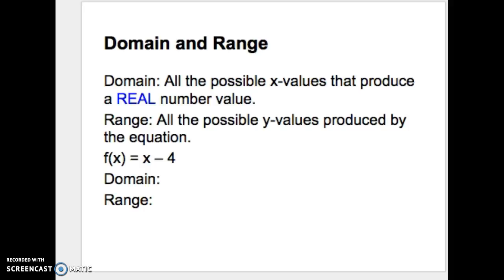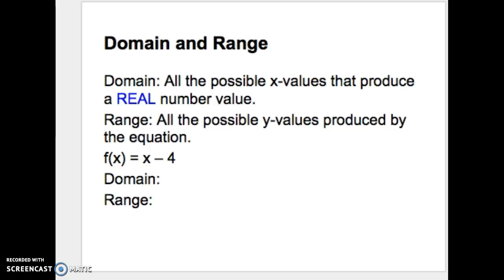These two definitions here are the only definitions in this foldable, or in this section, sorry. We have domain. We're talking about all the possible x values that produce a real number. The range is just the y values with the same definition. All the possible y values that are produced by the equation.